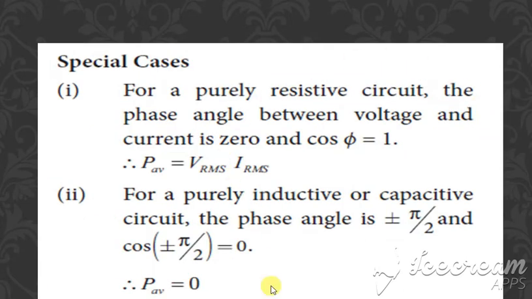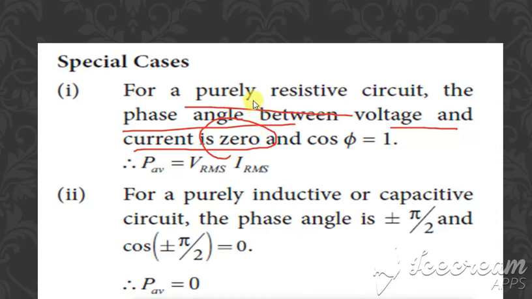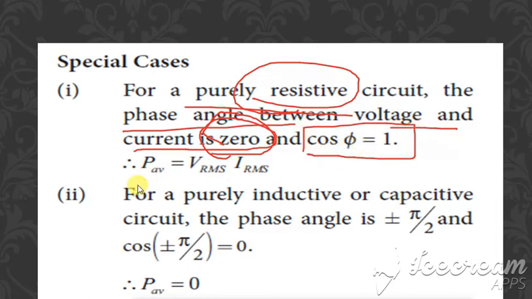First, in a purely resistive circuit, the angle between the current and the voltage is 0. The value of cos 0 is 1. So in the power average formula Vrms Irms cos phi, cos phi is 1, so we get Vrms into Irms.